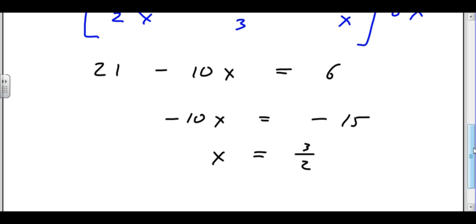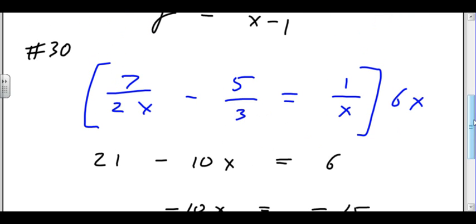Now, we're going to go back up and put it in my calculator again. I'm going to go second function, numerical solve, and I'm going to put 7 divided by, in parentheses, 2 times x, close parentheses, minus 5 divided by 3. Then I'm going to delete until I get to the equal sign.